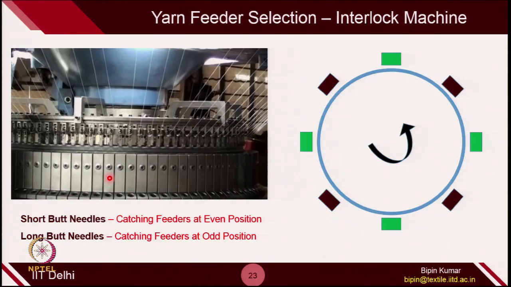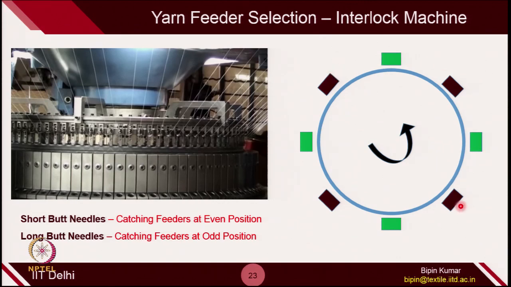In each of these cam boxes you will realize that at certain moments the short butt needle is active, so in that particular cam box it will be catching that particular feeder, but in another cam box when the long butt needle is active, it will be catching a different feeder. Each feeder provides one yarn. With the cam, one feeder is provided. Alternatively, the long butt needles and short butt needles will be catching their feeders.